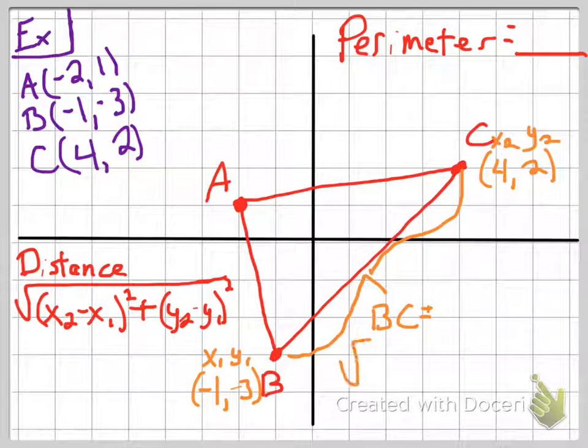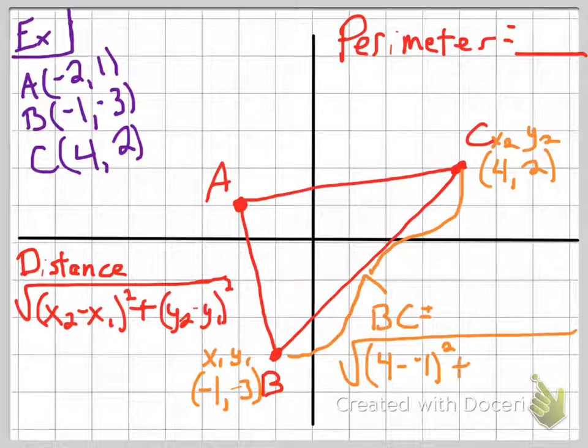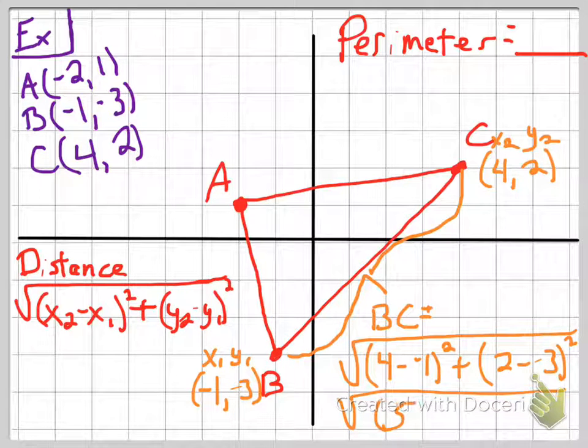So square root of x2, which in this case is 4 minus -1 squared, plus 2 minus -3 squared. Plug and chug. I think it's going to give me 5 squared plus another 5 squared.